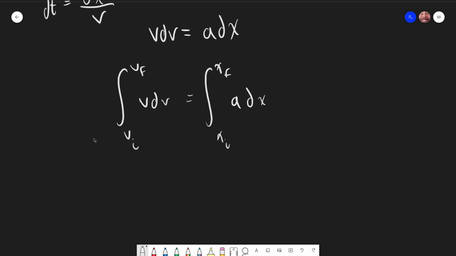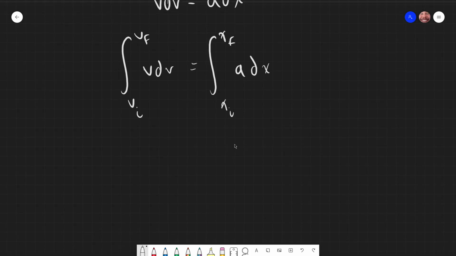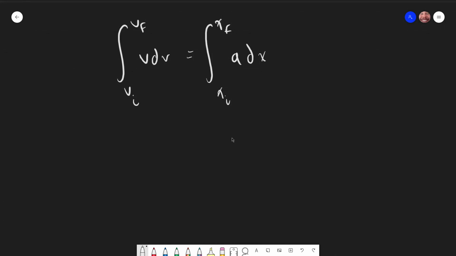We find the antiderivative of the first function, since we have a definite integral bounded by its variables, so we get v squared over 2 evaluated from vi to vf. For the next one, we distribute the a to the difference of the x positions, so we have a times x final minus x initial.